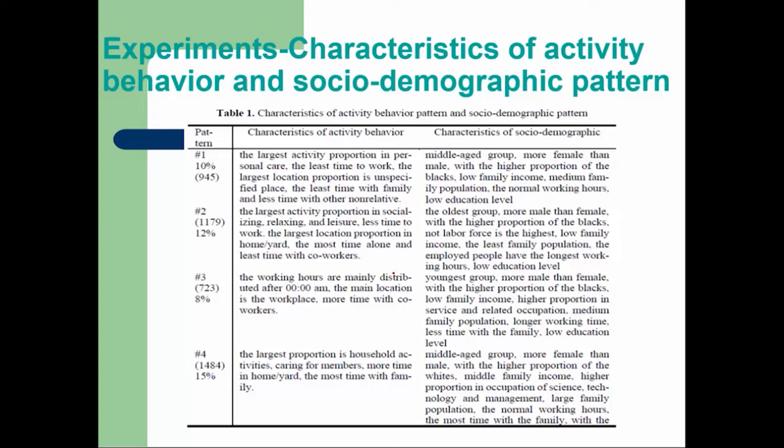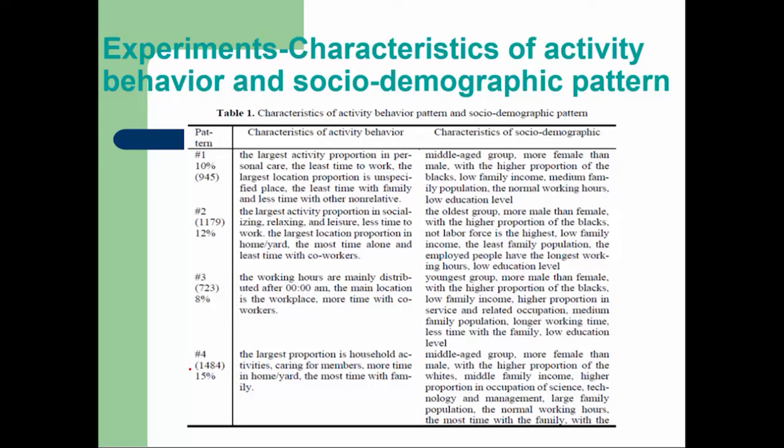Cluster 3, they are the youngest group. The working hours are merely distributed after 0 a.m. Most of them have low family income, higher proportion in service and related occupation.